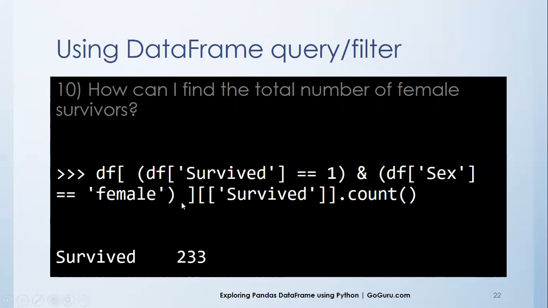And once you get that filter with all the rows, you're saying you specifically want the column survived, and you get the count of it. This time, instead of value counts, you're just getting a count because you have narrowed it down to the female survived. So you're just getting a count and displaying it here.